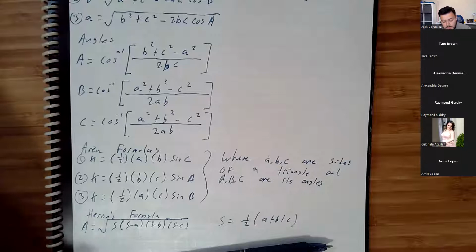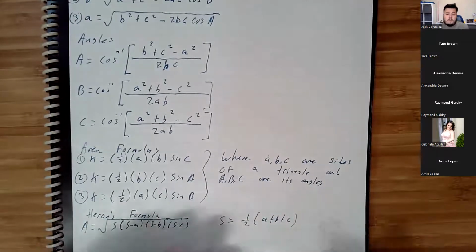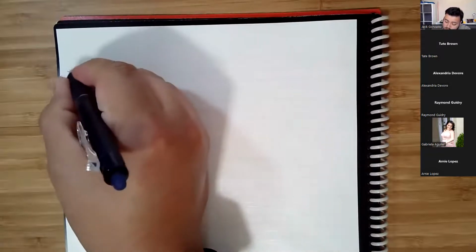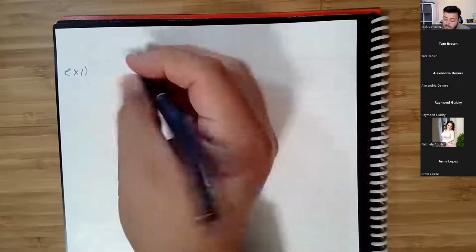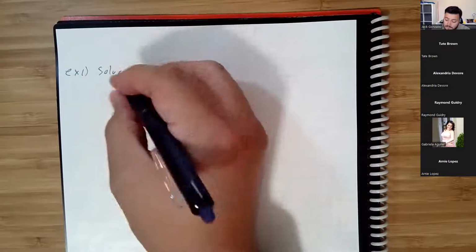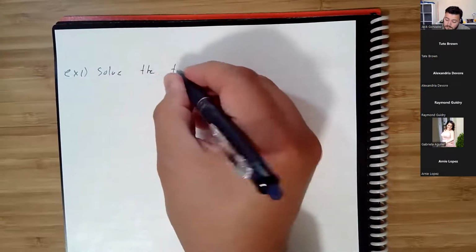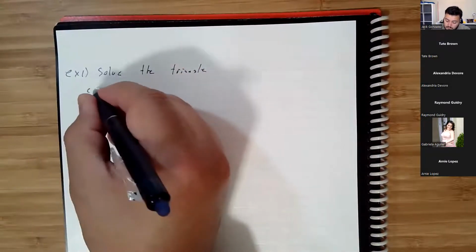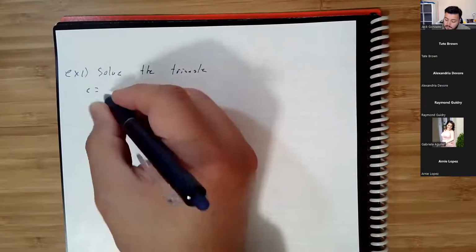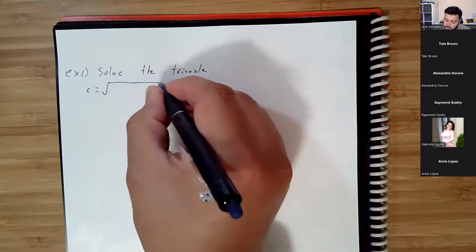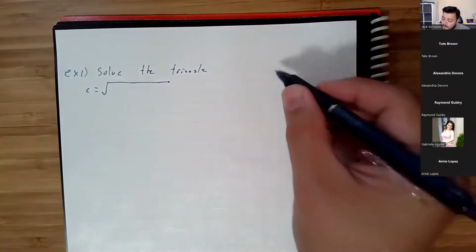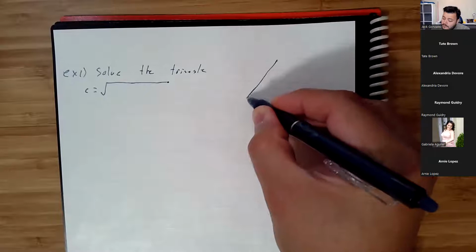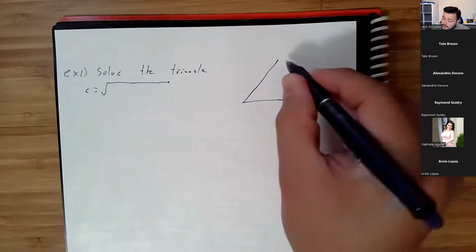Okay, next page. Example 1. Okay, so notice how this is going to be case 3, I think. Yeah. So here's the triangle they give us, I think it's from the homework.